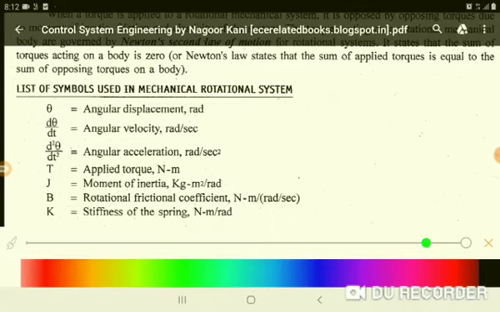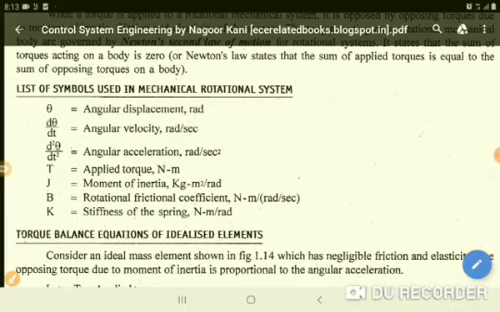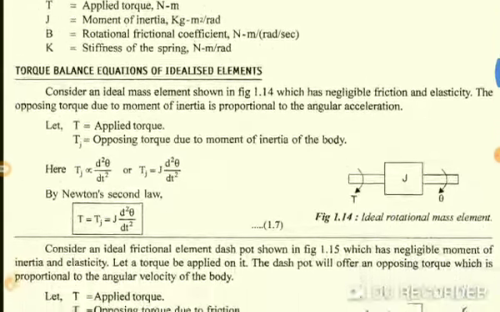Here we have the symbols: angular displacement theta in radian, angular velocity d theta by dt, angular acceleration d square theta by dt square, then applied torque T in Newton meter, and J is the moment of inertia in kg meter square per radian, B is the rotational frictional coefficient in Newton meter per radian per second, then K is the stiffness of the spring in Newton meter per radian.